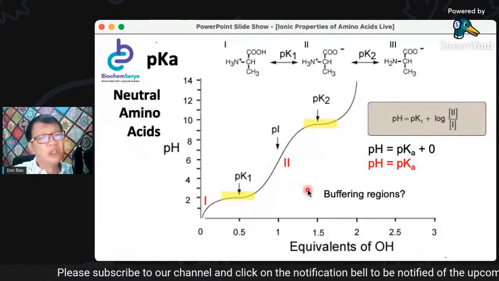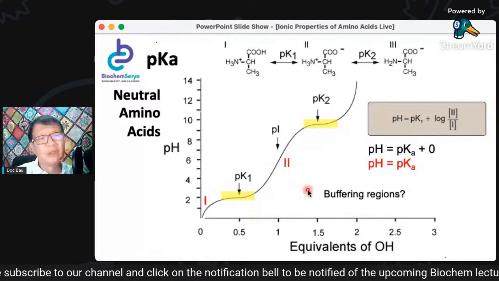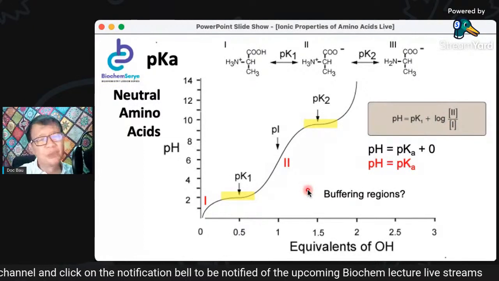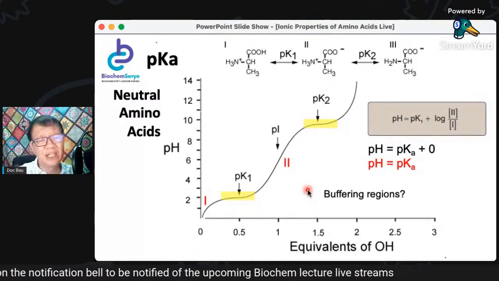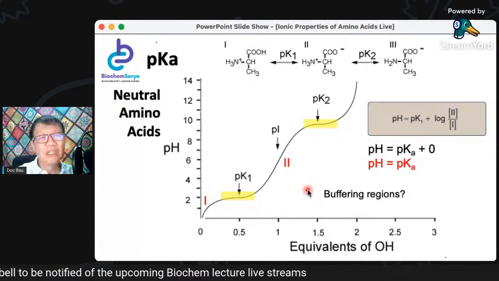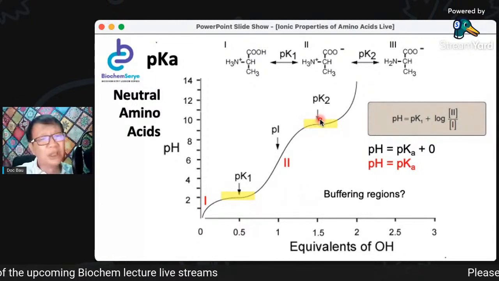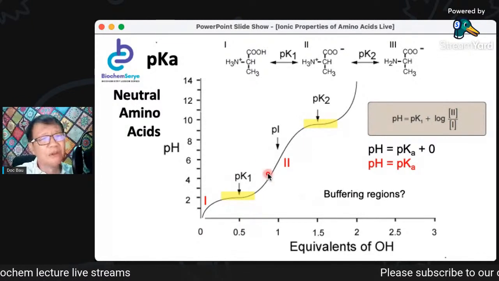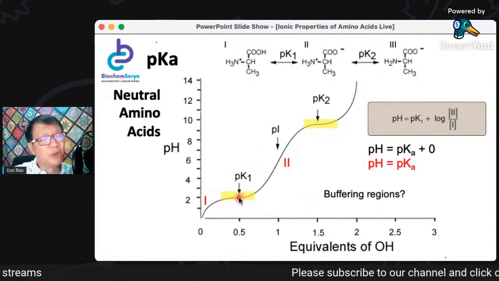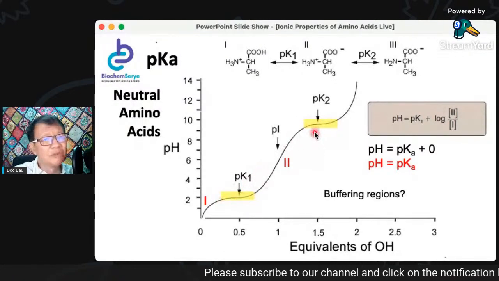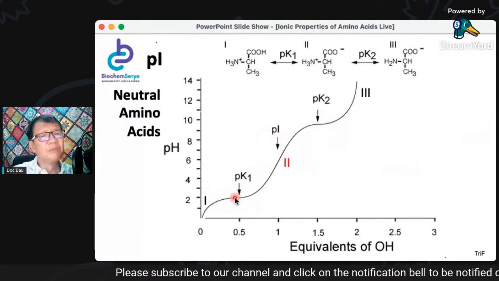So if there's a question in the exam, which of the following points has the greatest buffering capacity, it is the region of your pKa, or the pH that will coincide with your pKa values. You can see you have a plateauing.